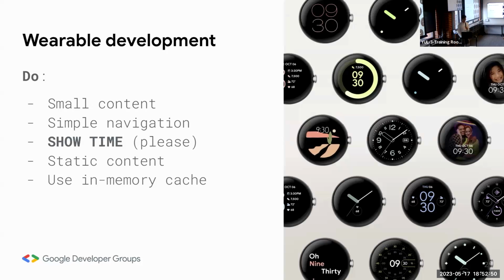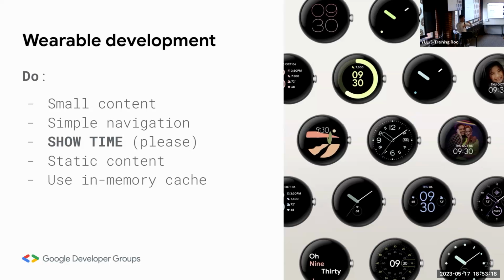So for the wearable part, there's a lot of things to see. So try to make small contents, very small, only text, colors if you want, but maybe not animation. So try to make something static. But keep it simple. Simple navigation, like just one drawer that comes on the side, and that's it.